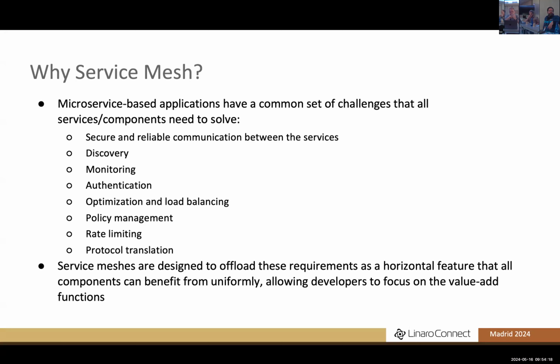We do need secure and reliable communication between the services, so there needs to be TLS. There needs to be the ability for the services to discover each other, to do monitoring, logging and debugging, authentication, load balancing, network optimization, rate limiting, policy management, all of the things listed there.